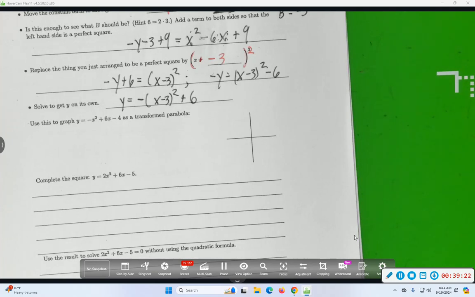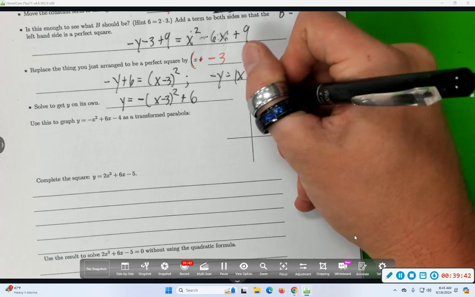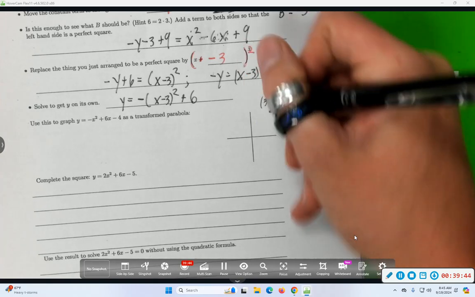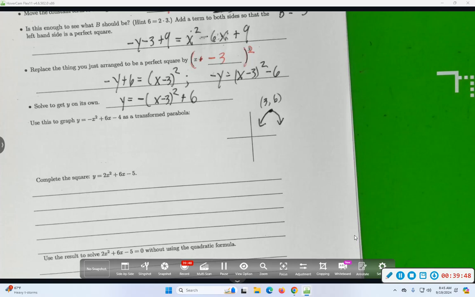Oh, right 3 and up 6. Right 3, up 6, but you skipped a step. Oh, yeah, it's flipped over. So you'd start with y equals x squared, you'd flip it upside down, then you'd go right 3, up 6. So you'd see this happy little turning point, this vertex at 3, 6. And then you'll see a parabola.